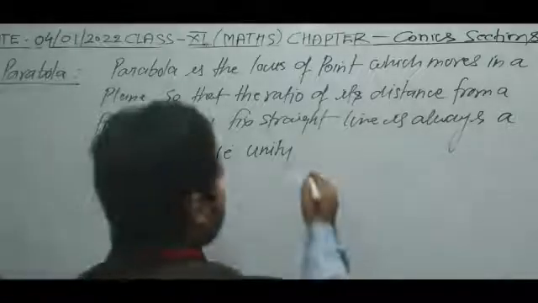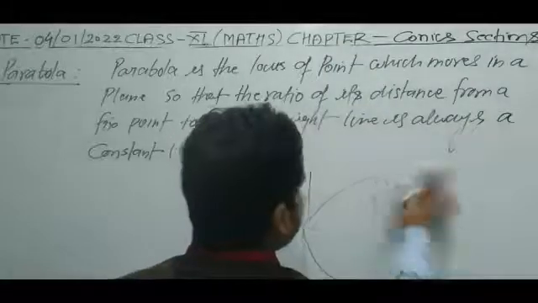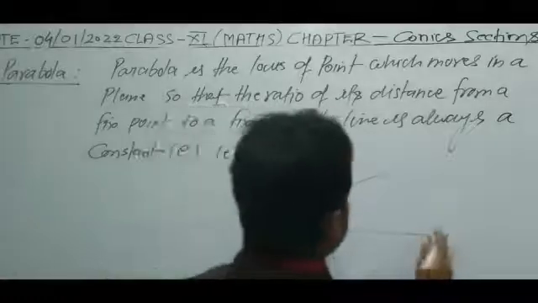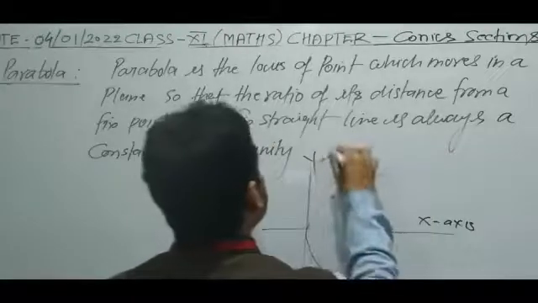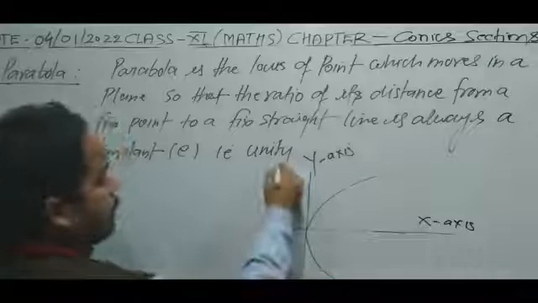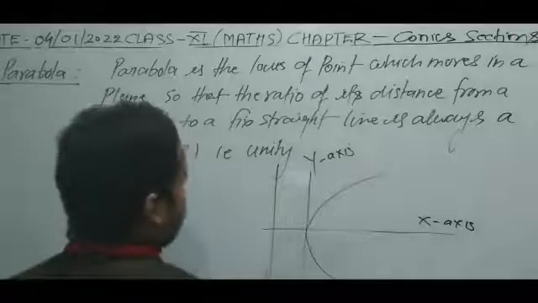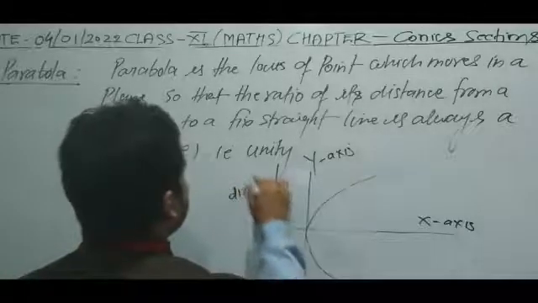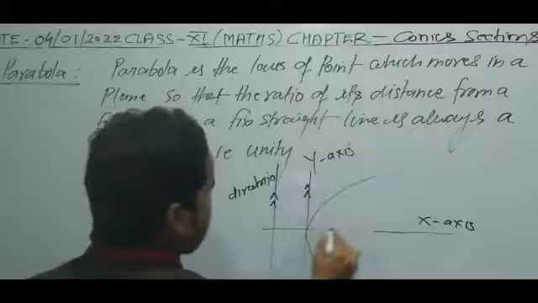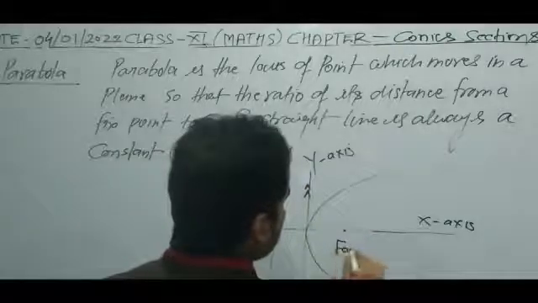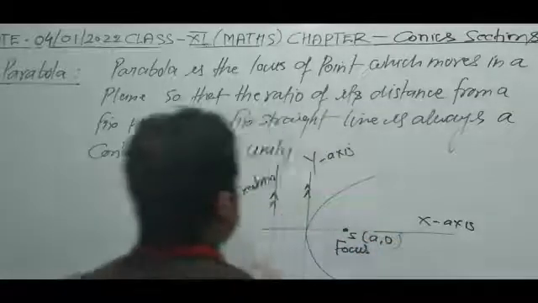Now see, this is the type of parabola. This is the x-axis, this is the y-axis, and this is the directrix that is parallel to the y-axis, and this is the focus S, whose coordinate is a comma 0.